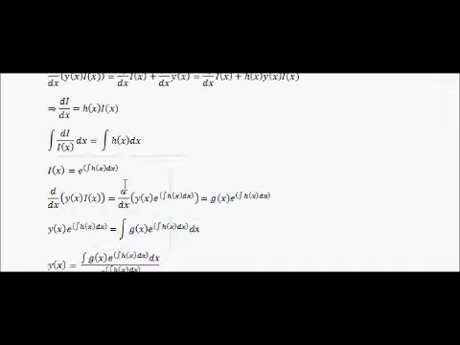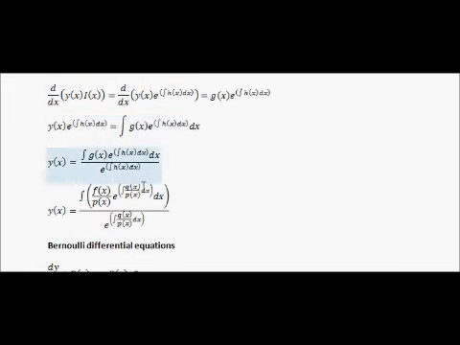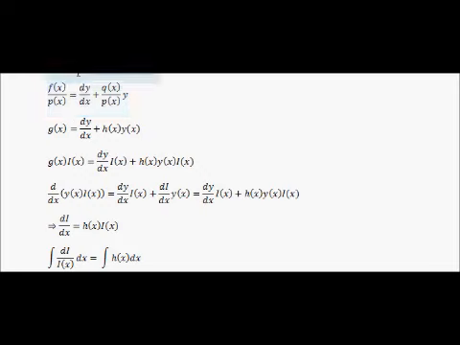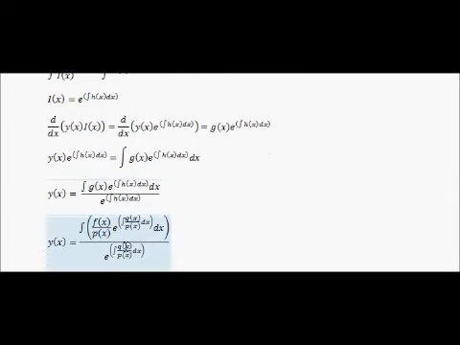And of course I can use my original equation, which is up here. So f of x is equal to p of x dy/dx plus q of x y of x. So okay, all I've done is I've substituted these in. So for any equation that you can write in the form of f of x is equal to p of x dy/dx plus q of x y of x, then I can write it like this.